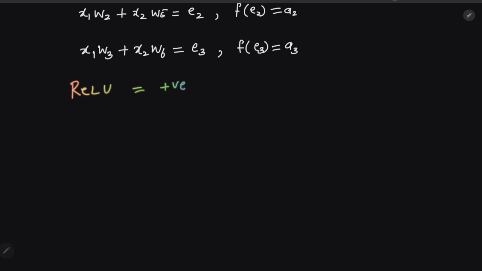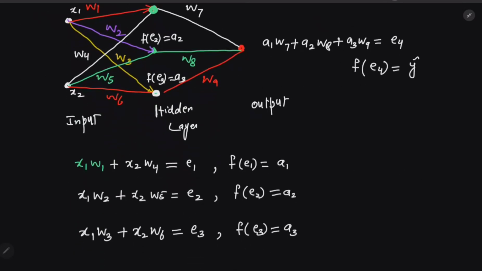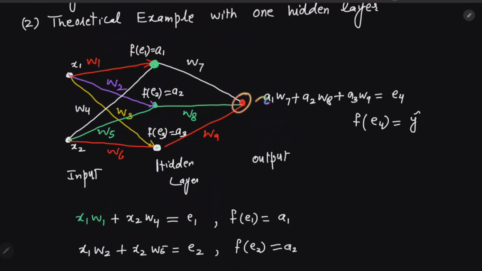And sometimes in the data set, negative values also become very important. In that case, you cannot apply the ReLU function. Also, sometimes you have more than one output. Here you have only one neuron in the output. Sometimes it happens that you have 3 outputs.